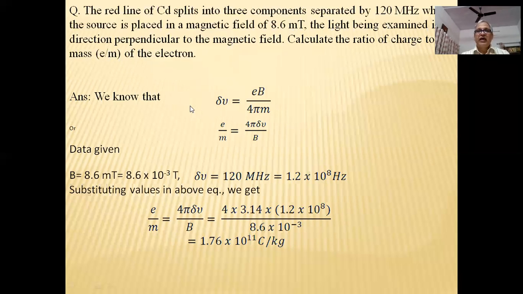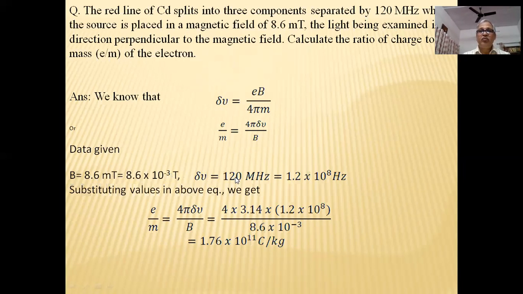We know the Zeeman shift in terms of frequency: delta nu equal to eB upon 4 pi m. We rearrange the terms, we get e by m equal to 4 pi delta nu upon B. In this problem, the data given is magnetic field strength B equal to 8.6 millitesla, or 8.6 into 10 to the power minus 3 Tesla.